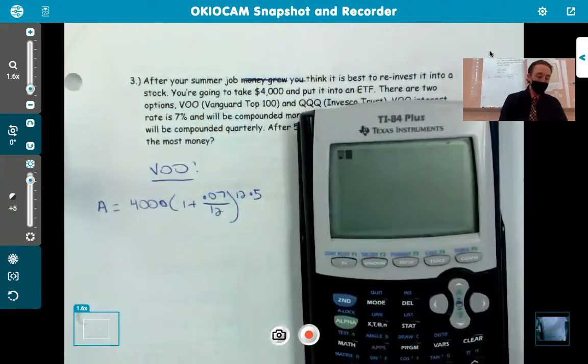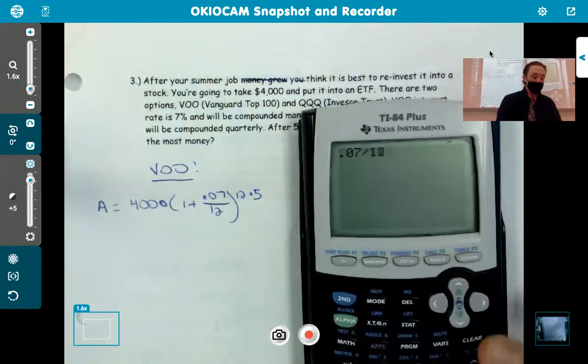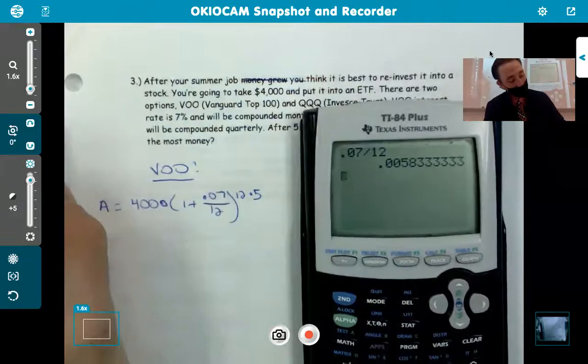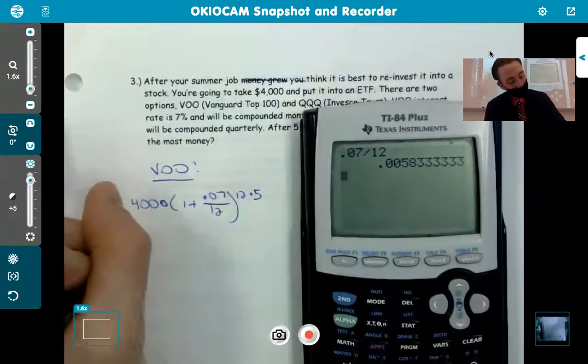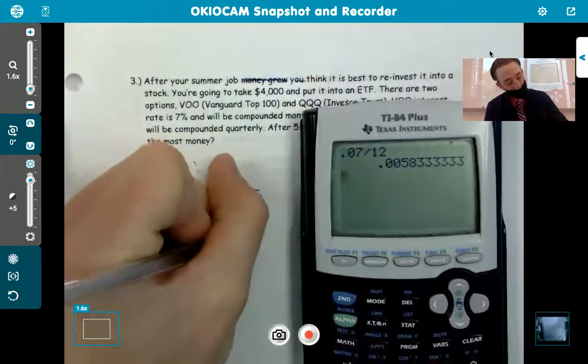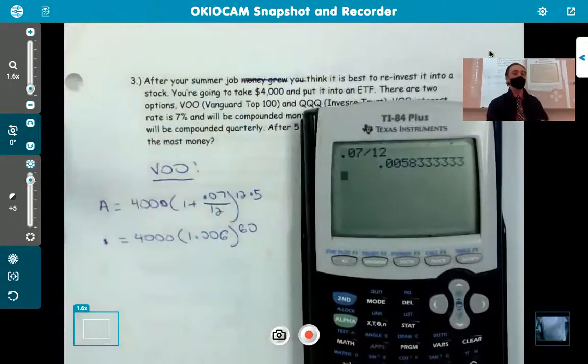So let's do the work for this. I have 0.07 divided by 12. That's 0.00583333 repeating. I'm going to round that to the nearest thousandth, so it's going to be 0.006. Okay. And then if I add 1 to that, I'll have 1.006 raised to the 60th power from the 12 times 5.